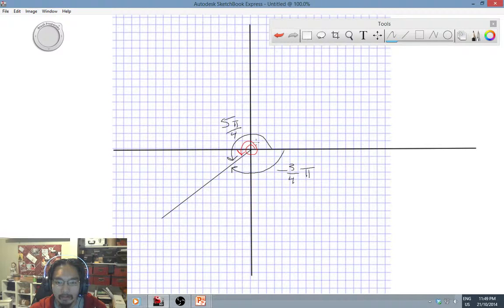This angle will be 5 pi over 4 plus, well, we went around it once. Going around the circle once is just 2 pi. Okay. And that's it. So the radian angles work very similarly. The only difference is that we are working with pi's.